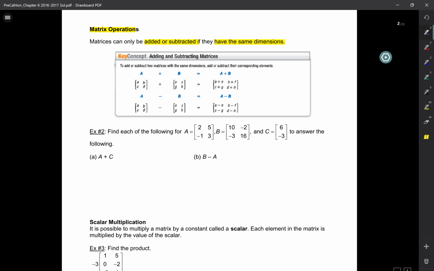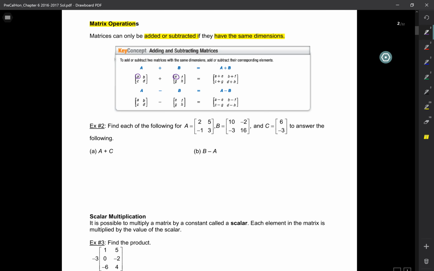Well, if they have identical dimensions, then each of the corresponding numbers is added or subtracted. So here you would have first row, first column, first row, first column, the corresponding positions. You just add them. A plus C, A plus C, B plus F, B plus F, C plus G, D plus H. And if you're subtracting, it's the same.